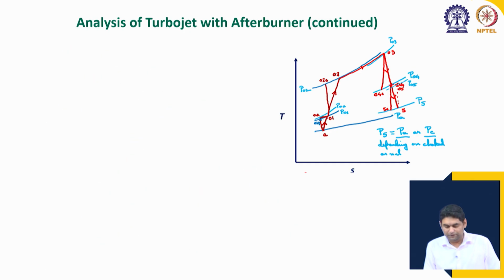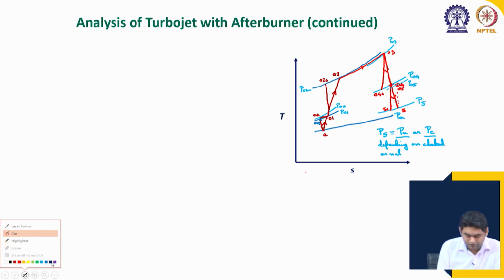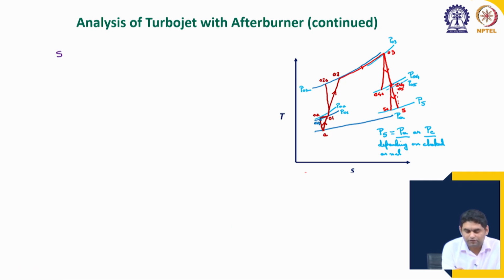Now we can find the specific thrust. The specific thrust in this case is the sum of the specific thrust due to momentum thrust and due to pressure thrust.